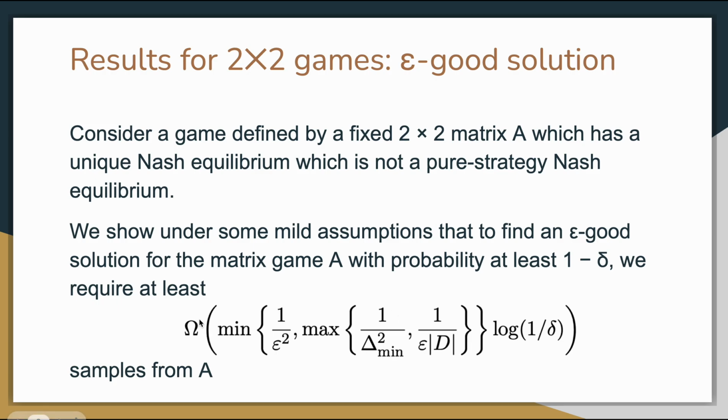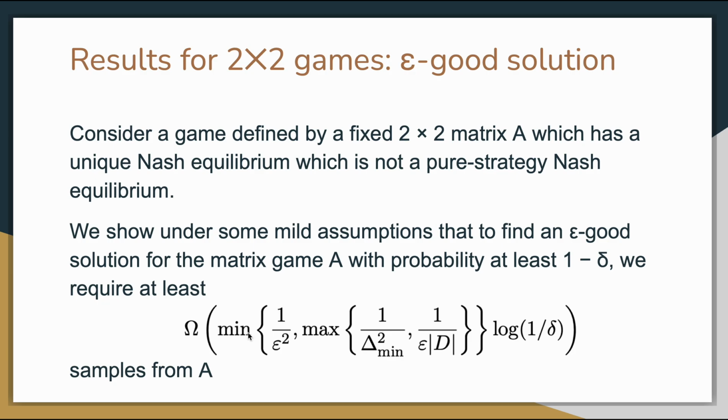So let us go through this equation. It says that the algorithm should sample a minimum of either 1 by epsilon square or the maximum of these two things, which is 1 by delta min square and 1 by epsilon mod d.